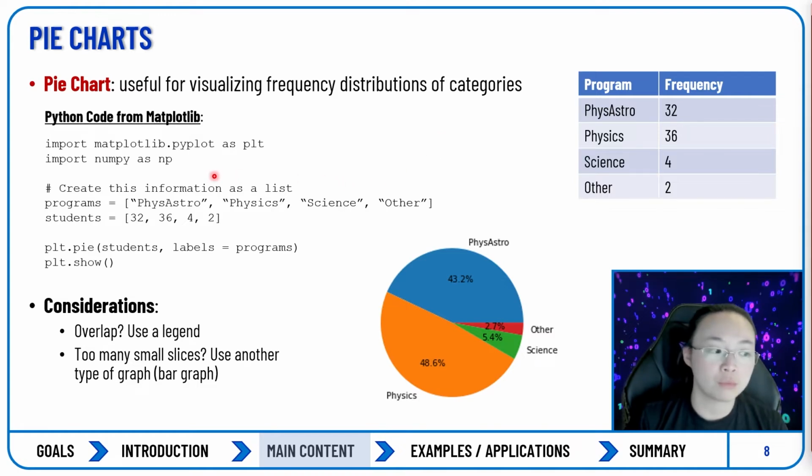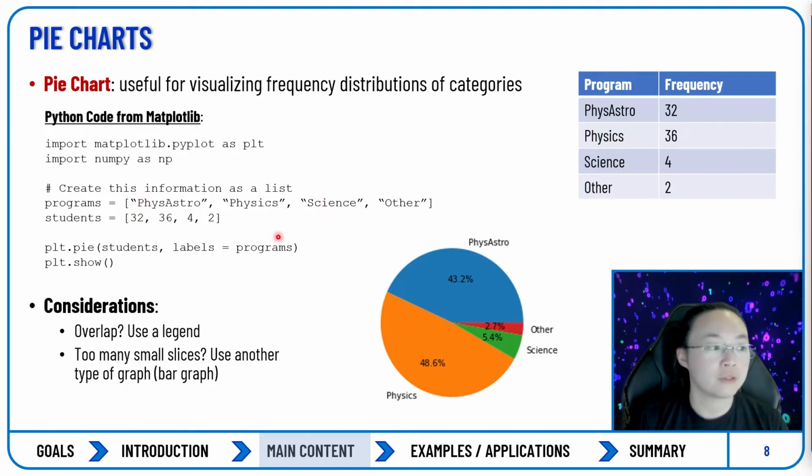There's 2 ways of importing this information. You can either have this statistical table in a text file or a CSV file and load it into your Python program, or, in this case, there's only 4 measurements, so we can simply create 2 lists. One list for programs, where we have the names of the programs, and another list of students, which gives you the corresponding frequency of students for each of these programs in the same order.